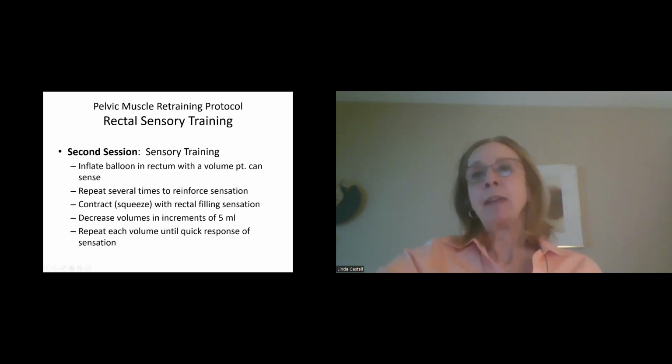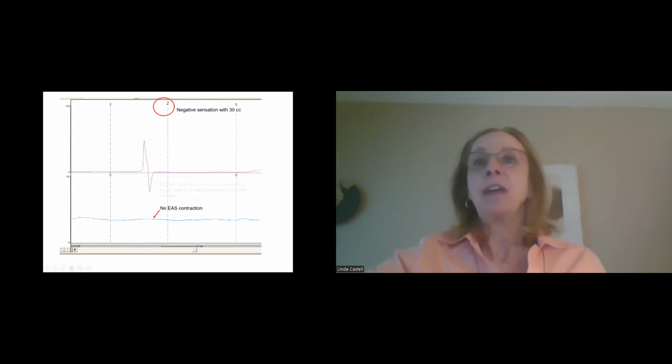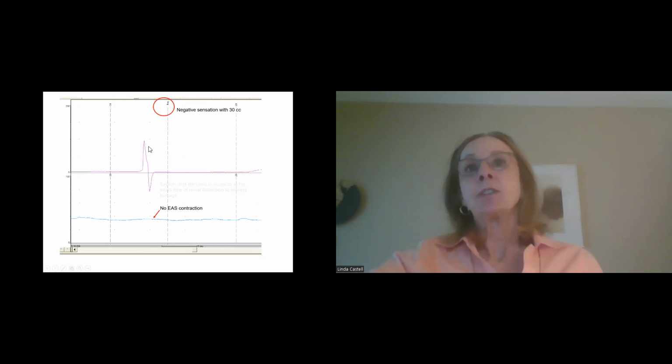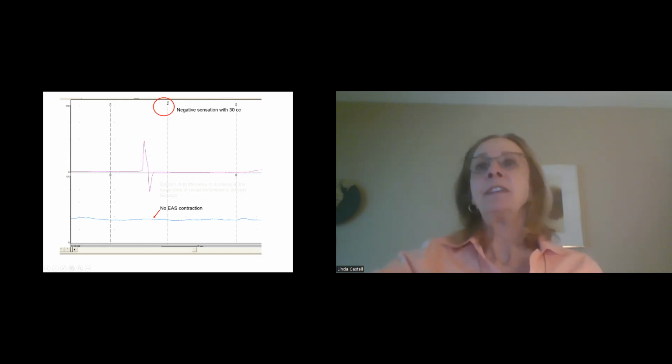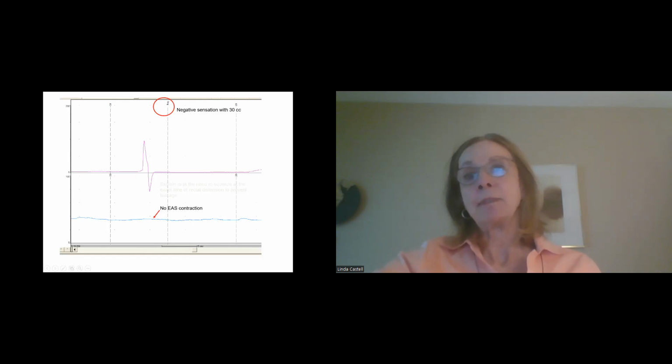Then, at the same time that they feel it, we're going to ask them to squeeze their external anal sphincter. So here the balloon, they didn't feel it at 30, but let's say this was at 35 and they felt it. Then we would look down here on our channel. This is our posterior channel. We don't see a contraction here.